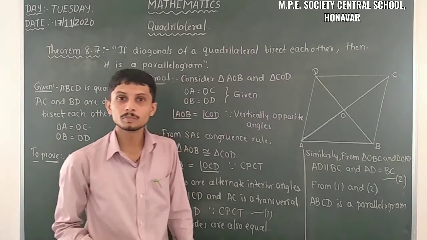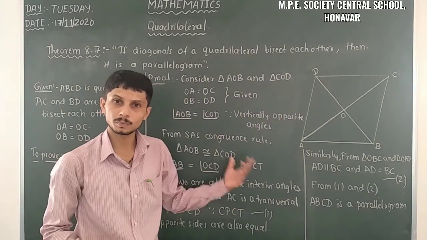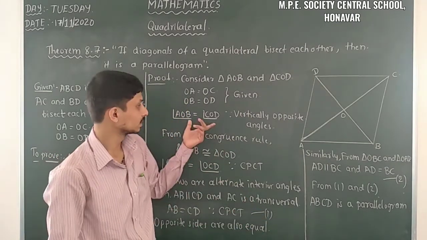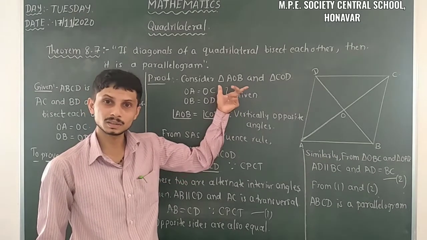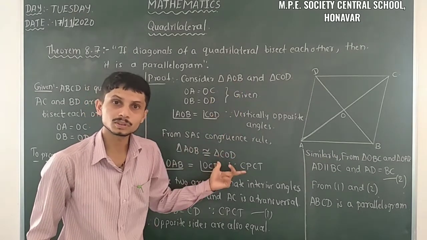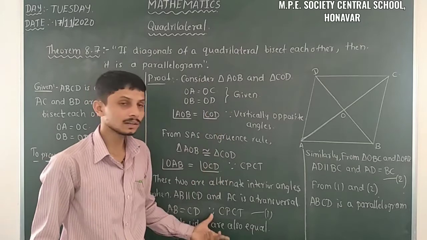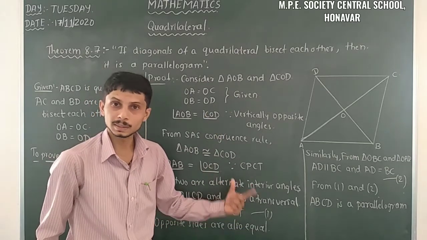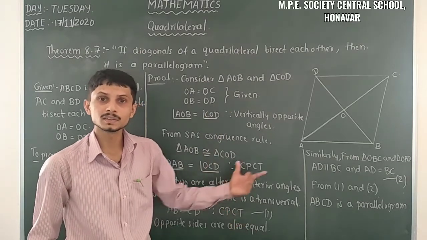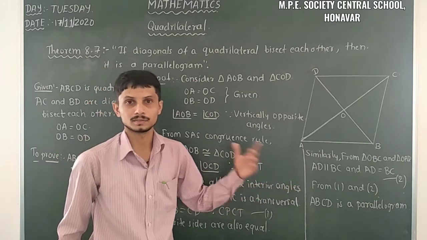So we proved the required thing: from the known things, we observed some equalities in the triangles, and then from the CPCTs we got the required result.